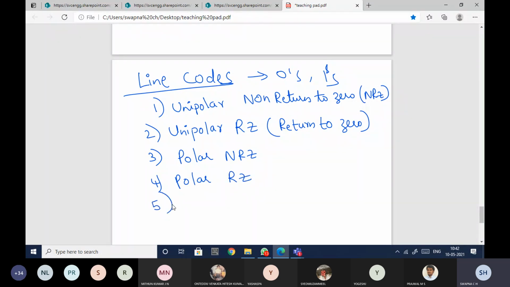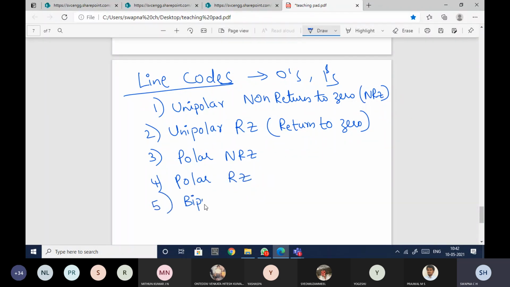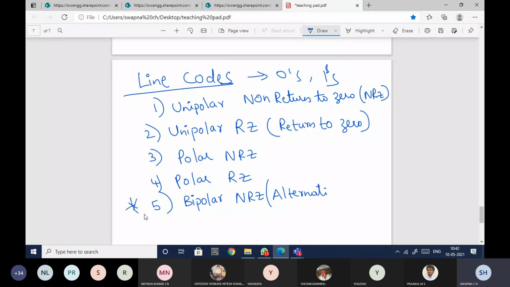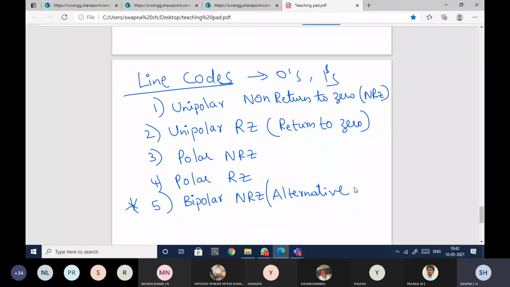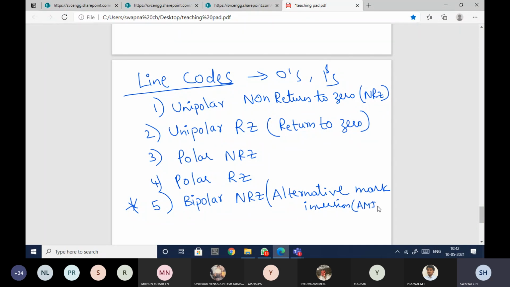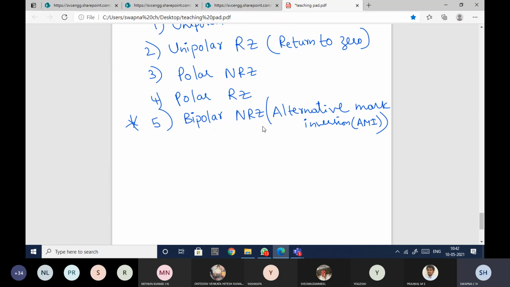Fifth one, bipolar NRZ. It is also said to be alternate mark inversion, or AMI coding. Bipolar NRZ and AMI coding both mean the same, a very, very important coding.